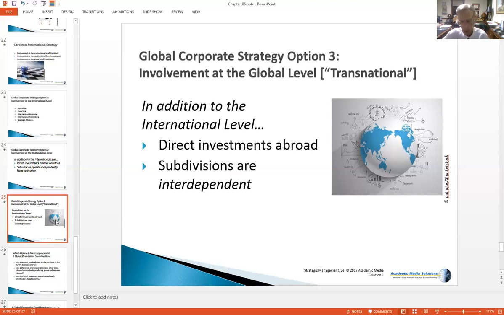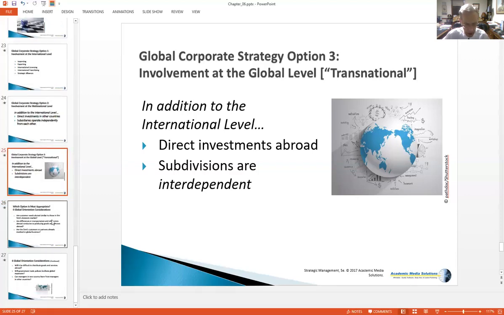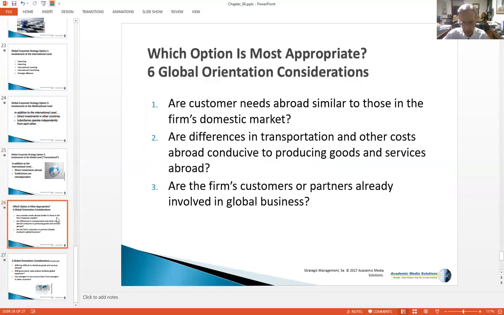It's a much more complicated form of business, isn't it? But it also is an indication of the direction of things today. Large corporations are becoming transnational in nature.